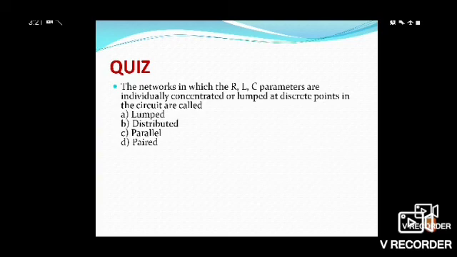The first option is lumped, the second option is distributed, the third option is parallel, and the fourth option is paired. So which one is the correct answer? Please note this question.